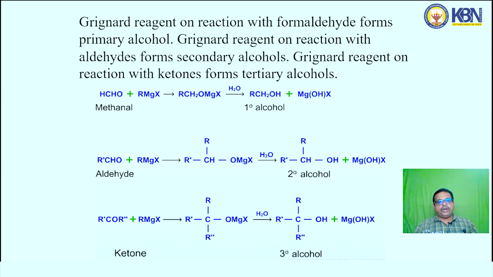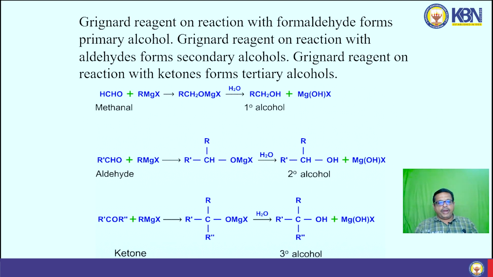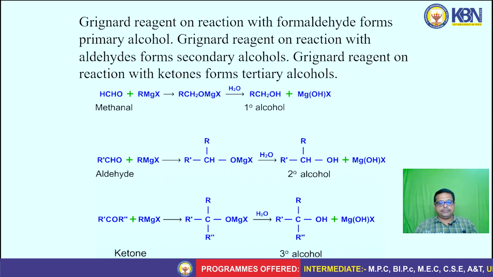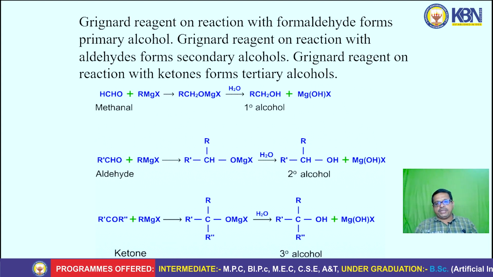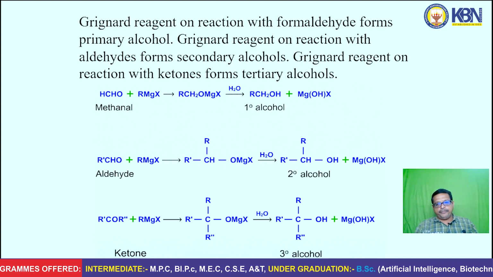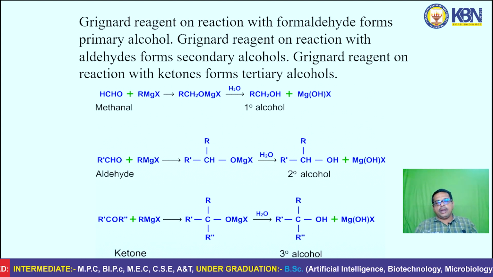Whereas in the case of ketone, when it reacts with Grignard reagent, it will give tertiary alcohol. These are the examples for preparation of alcohols from organometallic compounds.